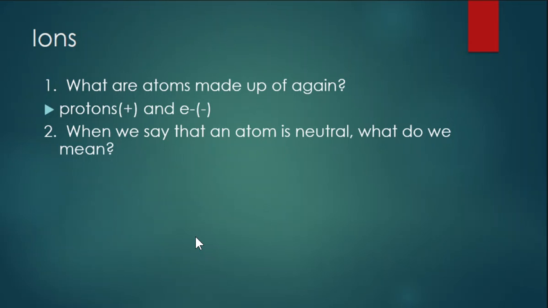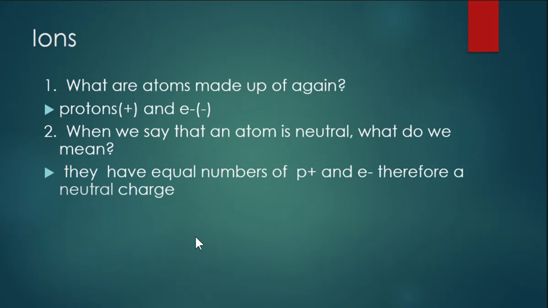So electrons are very important. When we say that an atom is neutral, what do we mean? However many protons we have, that's how many electrons. So if you have 5 positives and 5 negatives, the end result is nothing. You are neutral.